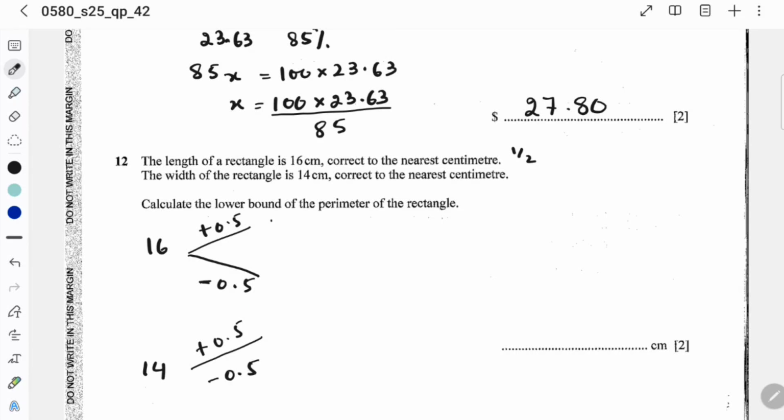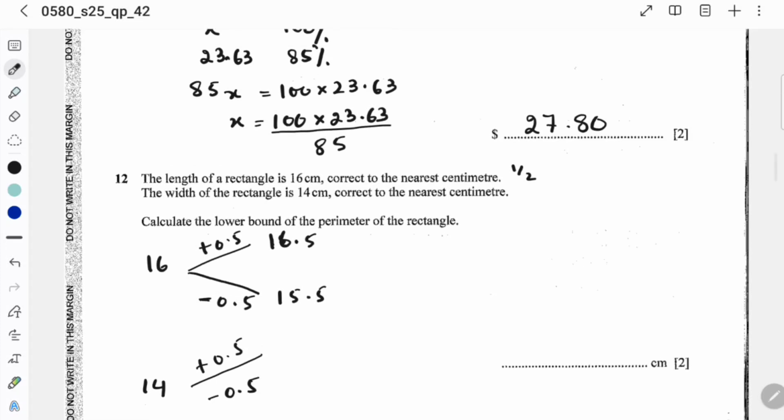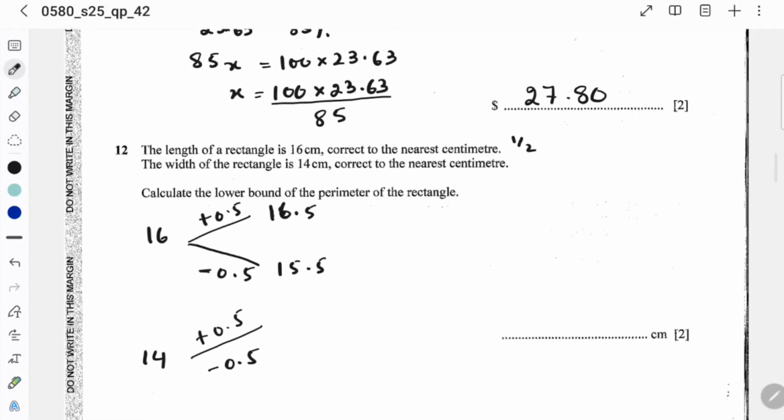So the length bounds are 16.5 and 15.5, and the width bounds are 14.5 and 13.5.